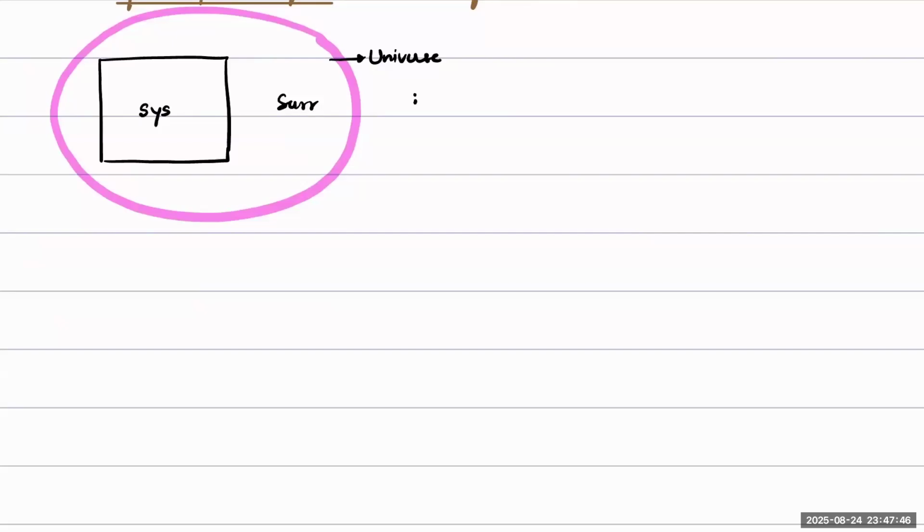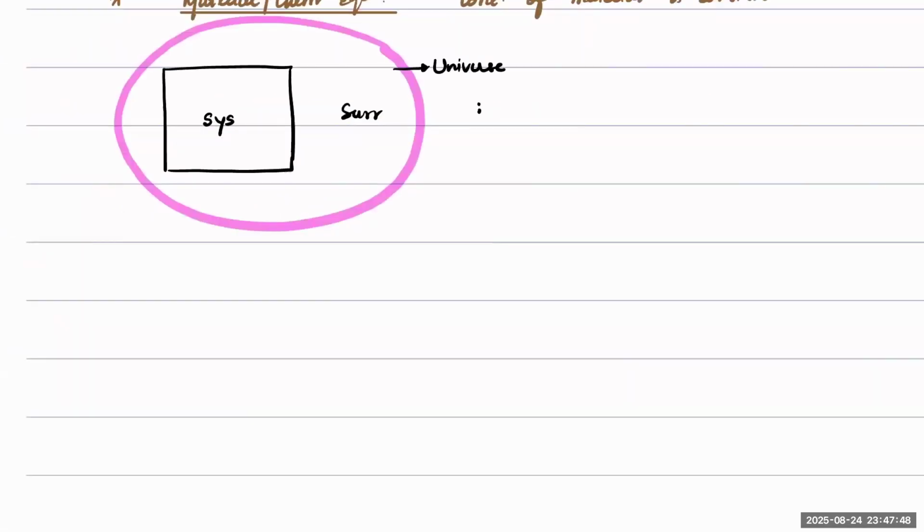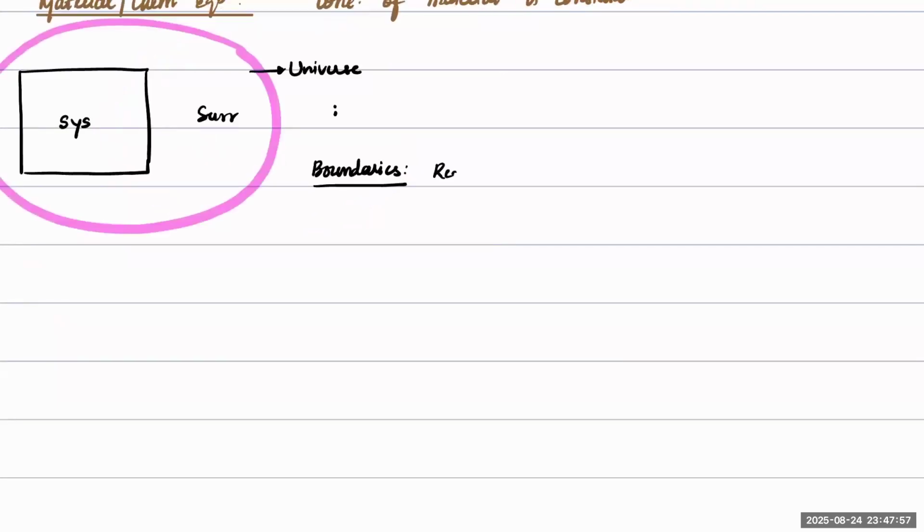Now we learned also what are the boundaries. So when it comes to boundaries between system and surroundings, that could be real or imaginary. And when I said real, again we had two kinds, which is diathermic and adiabatic.